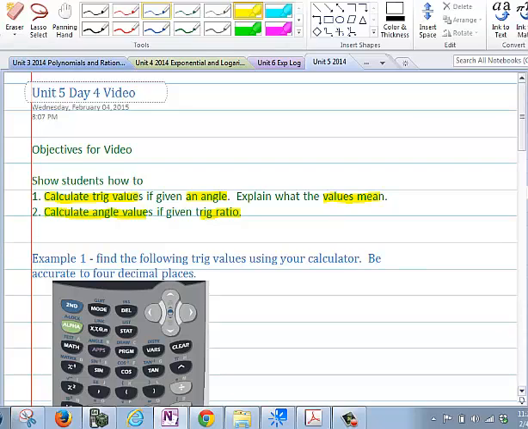For the first part, if they say find the trig ratio for a 30-degree angle, like find the sine ratio, they're basically asking: if you make a right triangle and your angle, which we've been labeling beta or alpha or theta, is 30 degrees, and you plug the sine of 30 into the calculator, it gives you back 0.5.